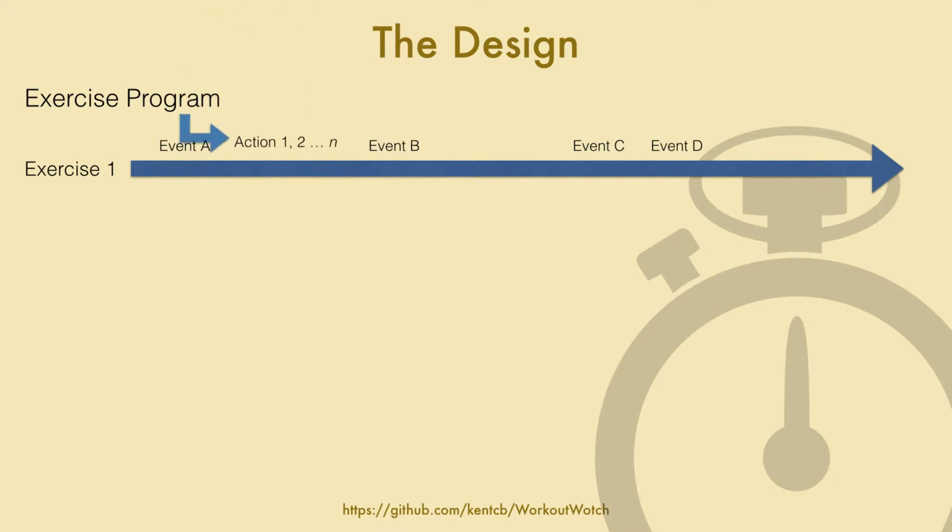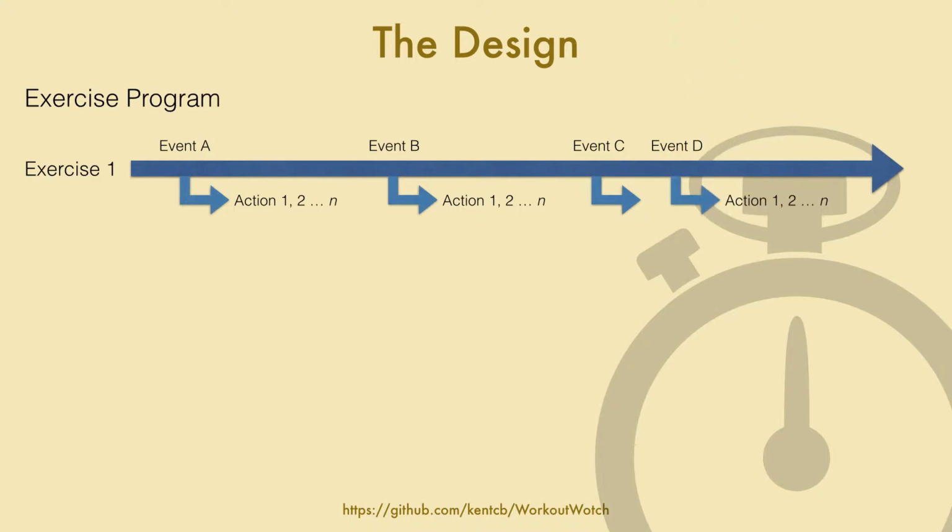each event can have actions associated with it. In this case, we've got a set of actions associated with event A. And similarly for B, event doesn't have to have actions associated with it, which is the case with event C. And event D does.